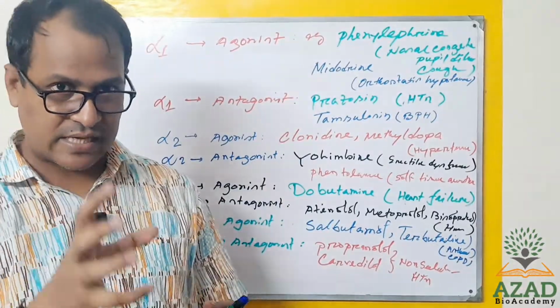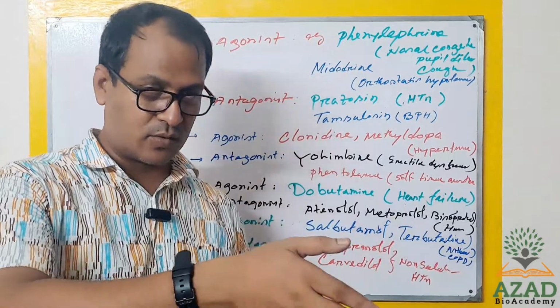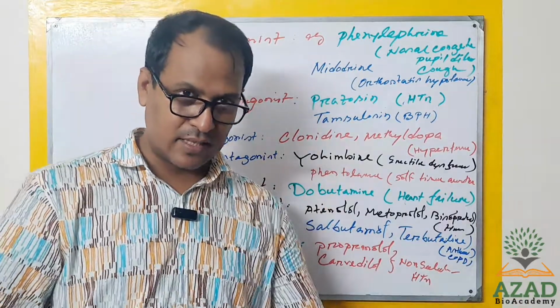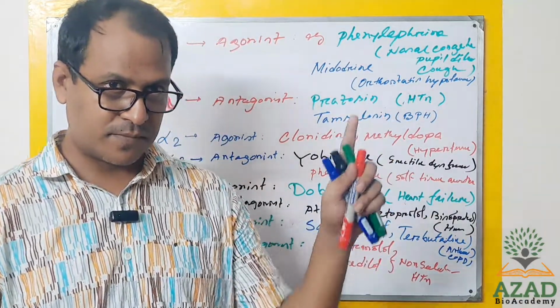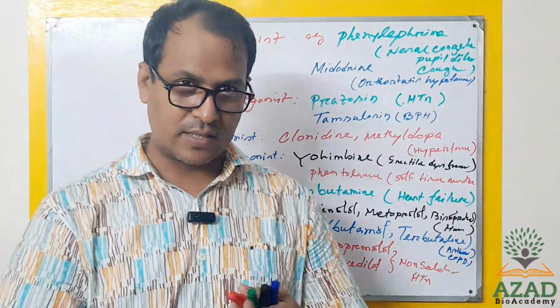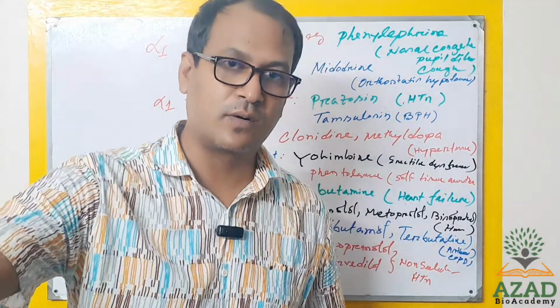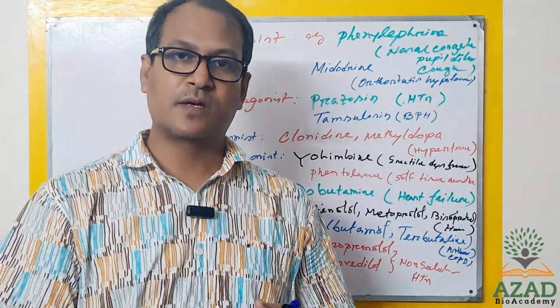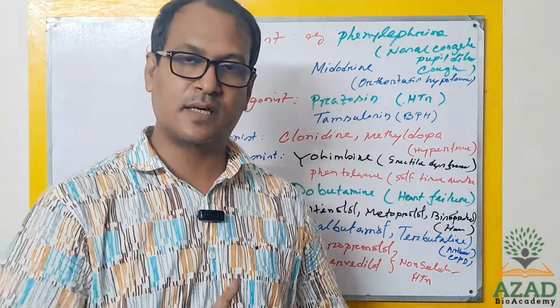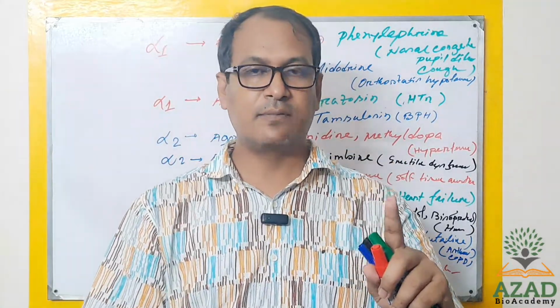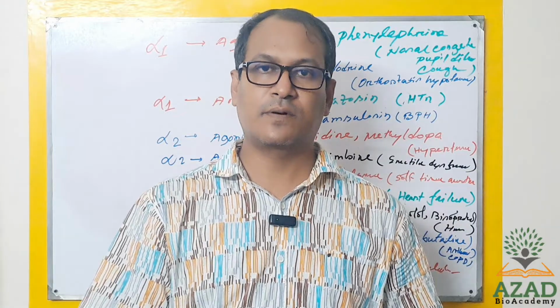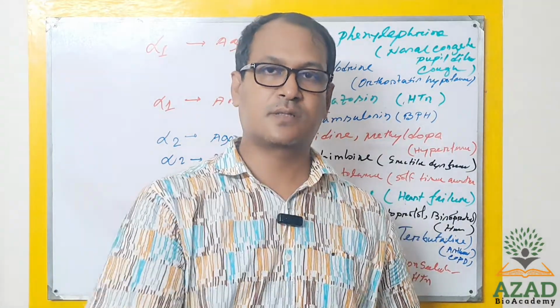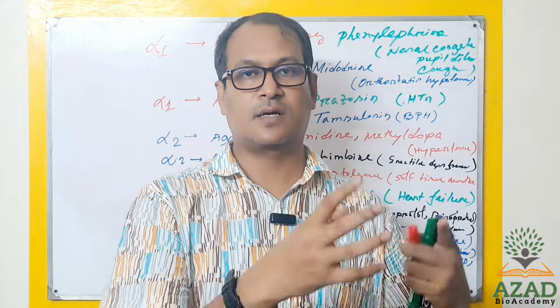So what should you do? If you take an antagonist of beta 1, then it will inhibit the beta 1 receptor in your heart, as well as it will also inhibit the beta 1 in your kidney. So it will decrease the renin release, as well as inhibit the force of contraction and heart rate.